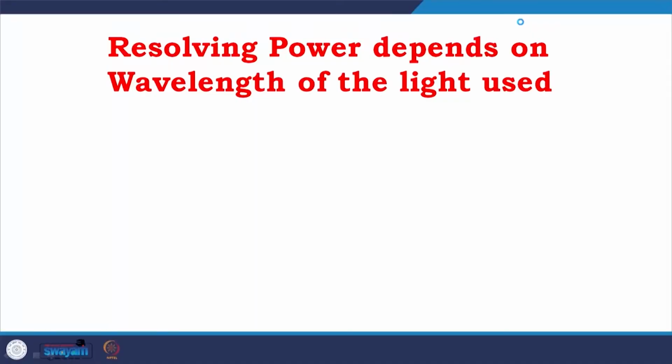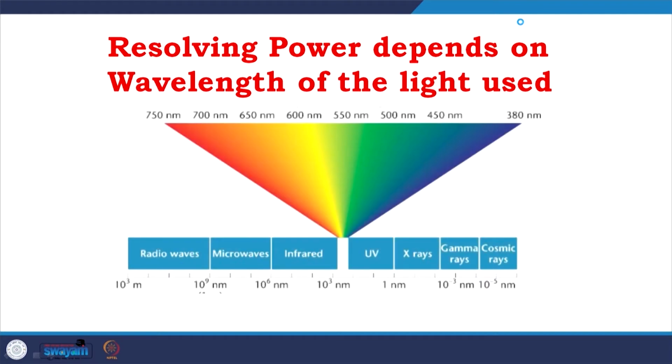We talked about the resolving power depending on the wavelength of the light used. Now, this is the electromagnetic spectrum. It goes from the radio waves to the cosmic rays, where the wavelength decreases. This is the visible region, which we can see with the normal eye.